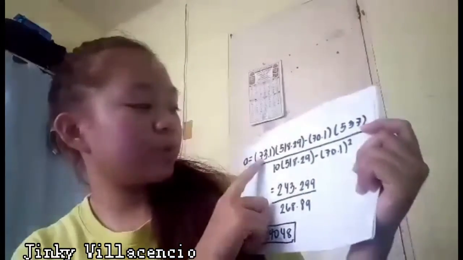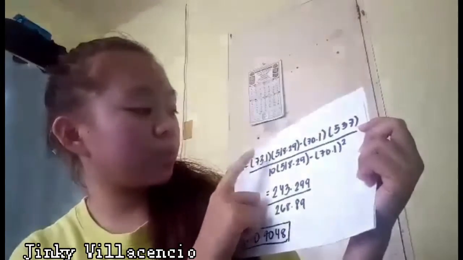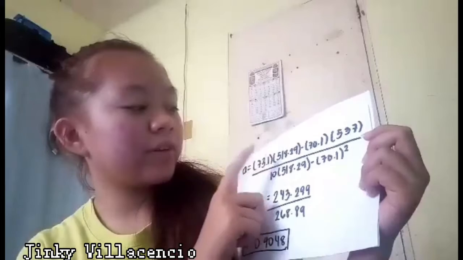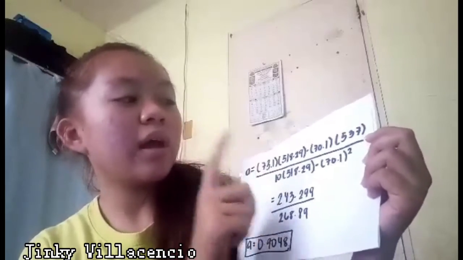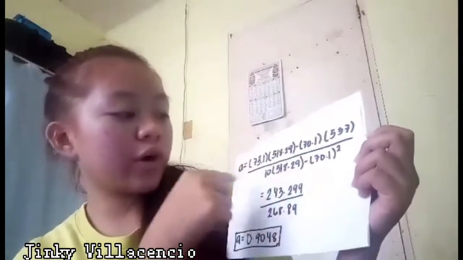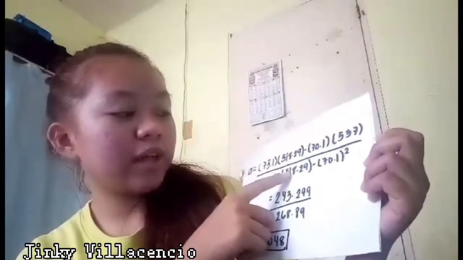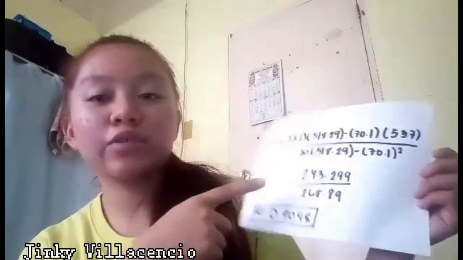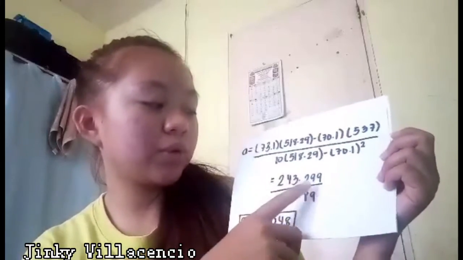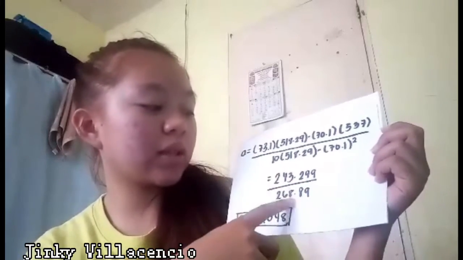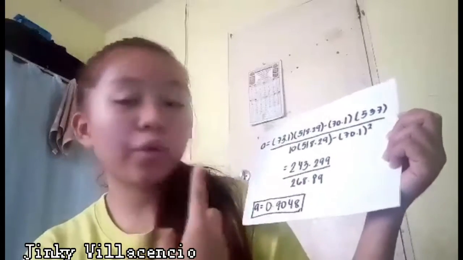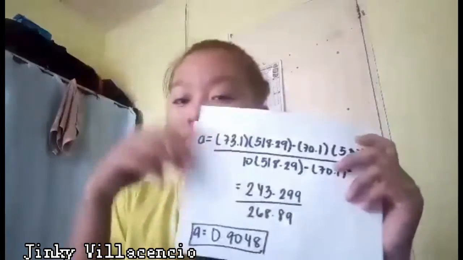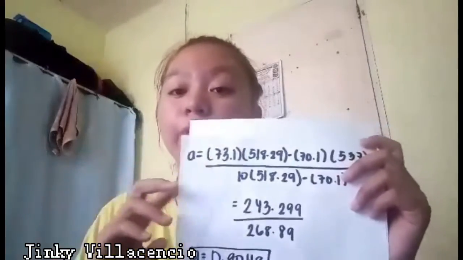So we have 73.1, 518.29 minus 7.1 and 537 over 10, 518.29 minus 7.01 squared. So we will arrive at the answer of 243.299 over 268.89. So our a is 0.9048. So now we will find the b.